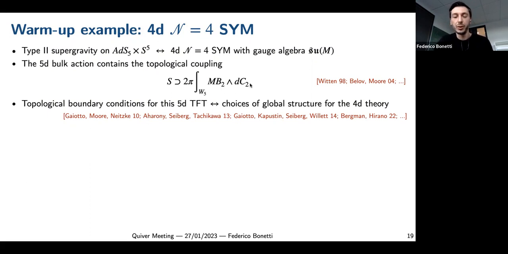These are the B2 and C2 in 10D, just reduced on the 5-sphere. And as it was pointed out already in the late 90s and then elaborated upon in several works, it is a choice of topological boundary conditions for this topological term that encodes the choices of global structure, so line operators of the 4D theory.